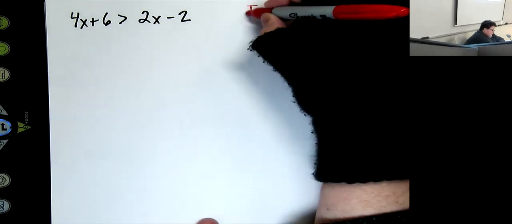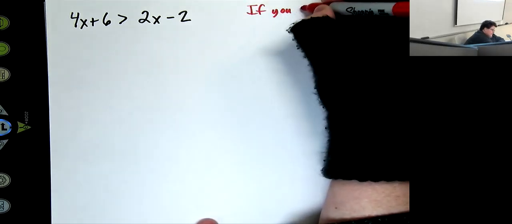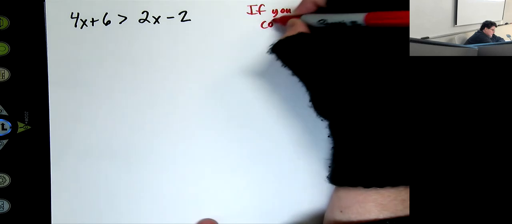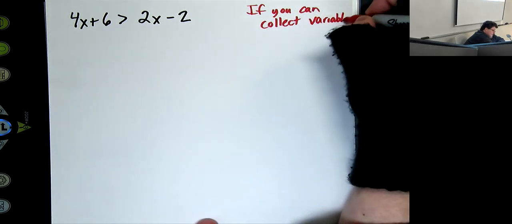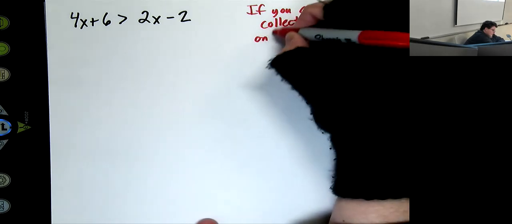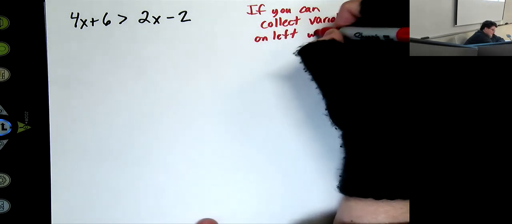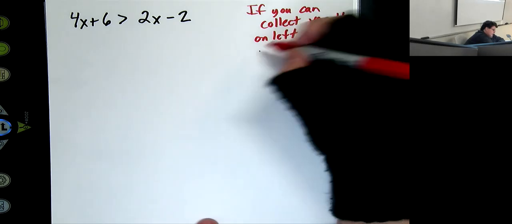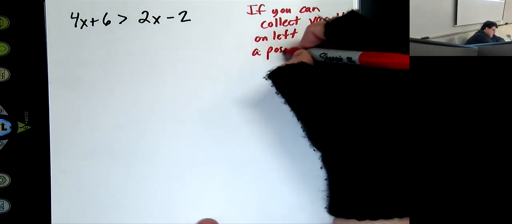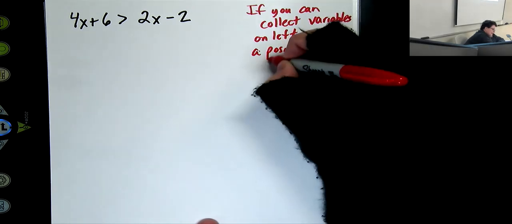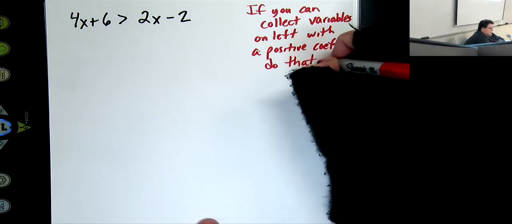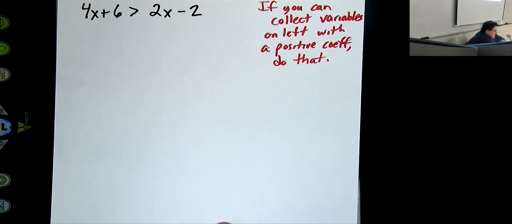If you can collect the variables on the left with a positive coefficient, do that. It's much easier to read. This first problem is set up to do that.